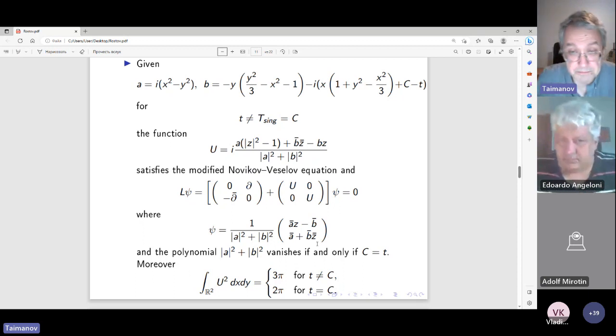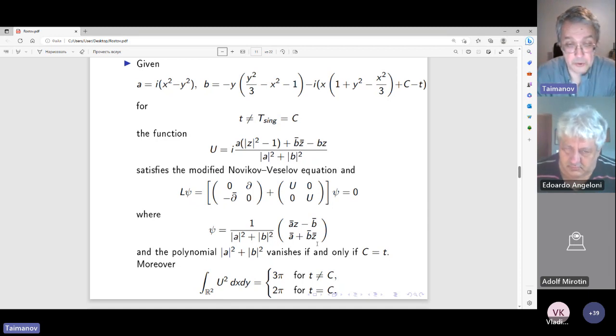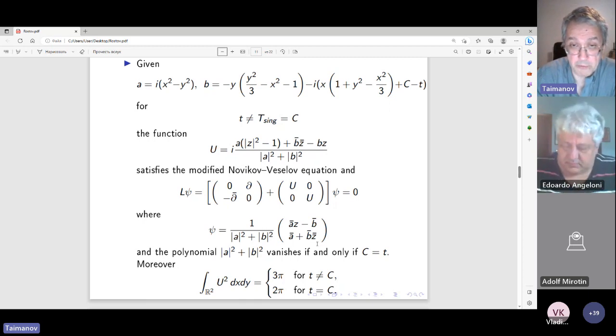So this function is also fast decaying, belongs to L2, and lies on the zero energy level of this operator L. So it belongs to the zero energy discrete spectrum of this operator.